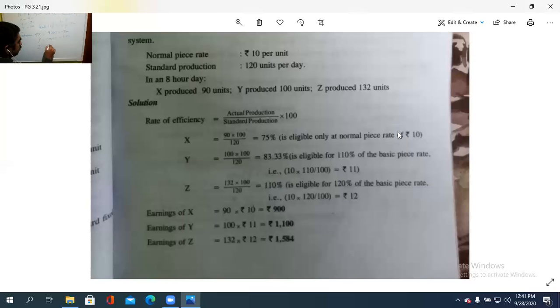And Z is equal to 132 into 12, because the production is how much? 132 into 12. How much it is? 1584. See, this way multiple Merrick's differential piece rate system is to be calculated. So clear? So this is the second method, Merrick's differential piece rate system.